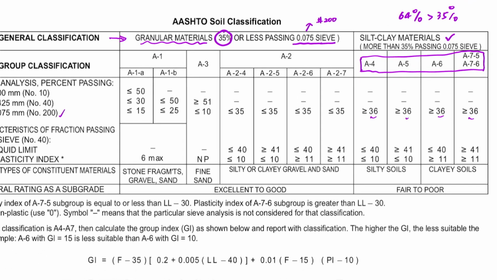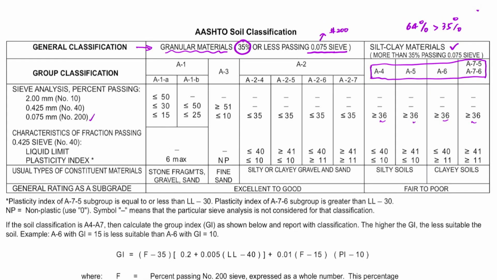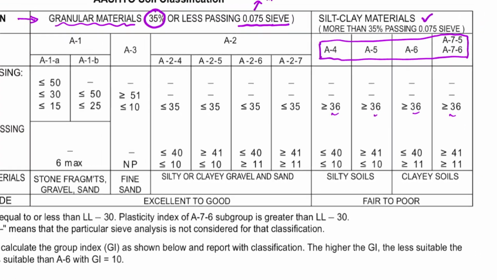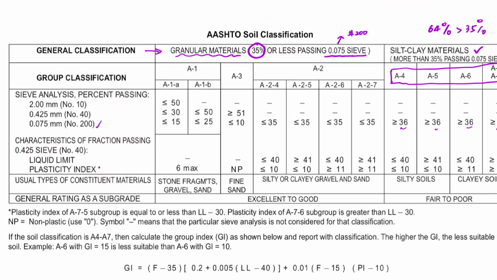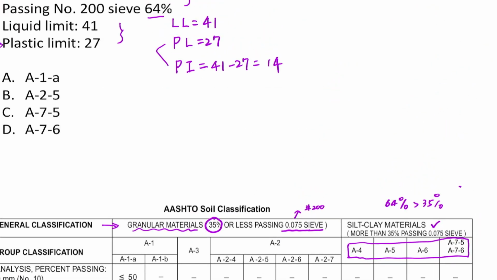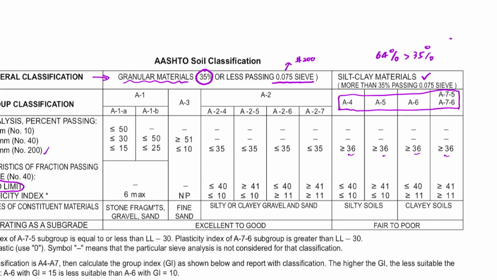Now we're going to look at our liquid limit and the plasticity index, the PI, to determine which soil it should be. First, the liquid limit, which is 41.